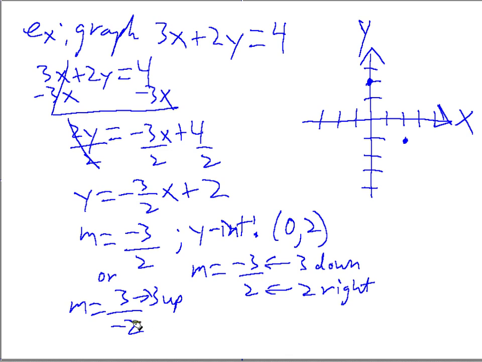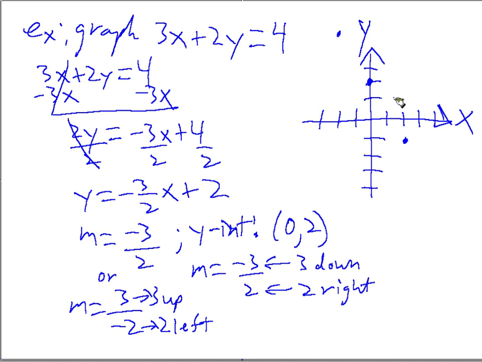But the run, the horizontal change, is negative. So you go not 2 to the right, but 2 to the left. So if I start off at 0, 2 again, with the y-intercept, then I go 3 up, 1, 2, 3, and 2 to the left, 1, 2. I will end up right here. So notice this point right here.